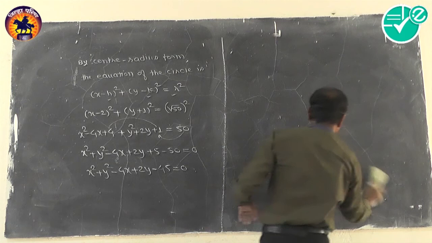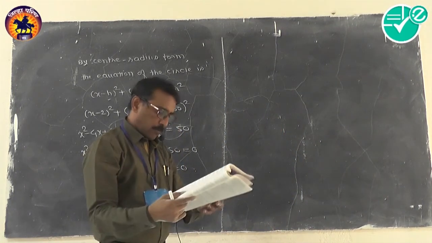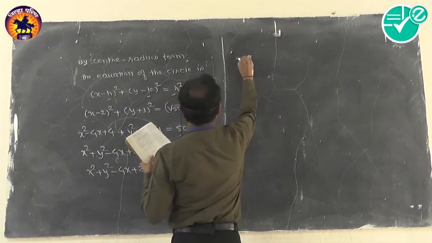Now just proceed to the diameter form. I will take a problem from diameter form. Next problem is from diameter, the fifth one.